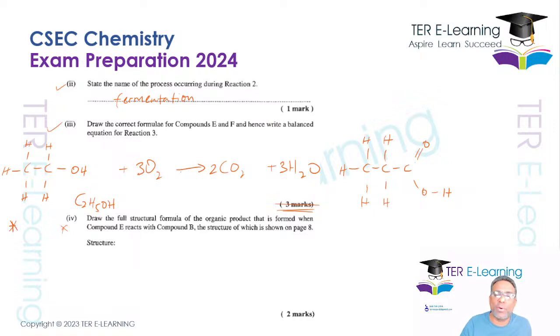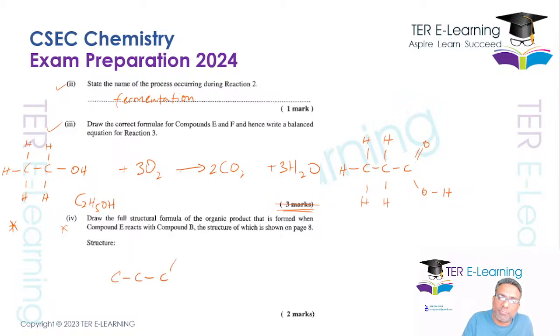First thing I want from you all, I want to know what class of compound am I going to get? People saying ester, right? I agree. So what I normally tell my students, when you have to draw an ester, we always draw the acid part first.